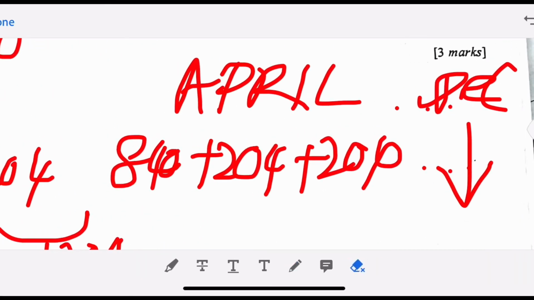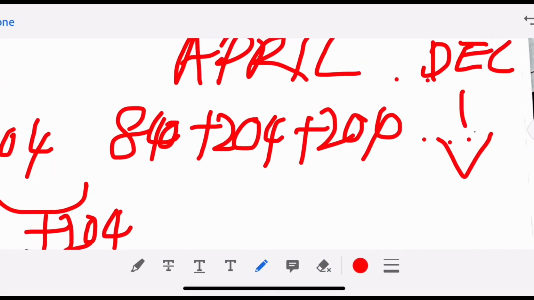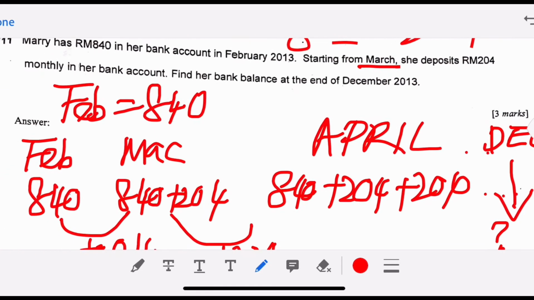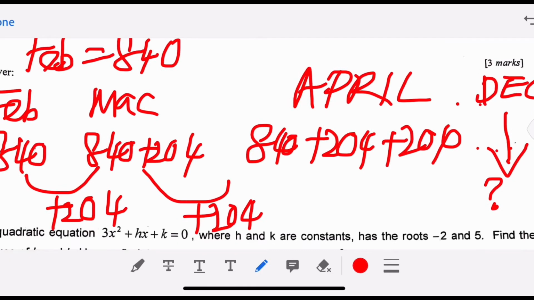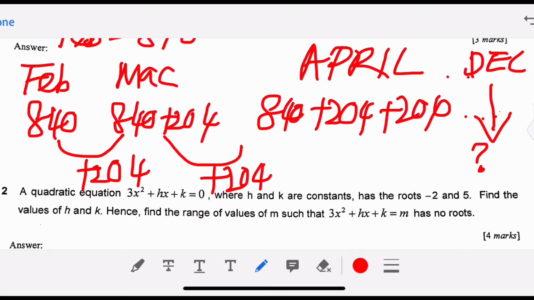After you count, you write your n, then you apply it into the Tn formula, because the question is asking the money in the bank at the month of December. So we want to find the T what? Until December, you count your n.